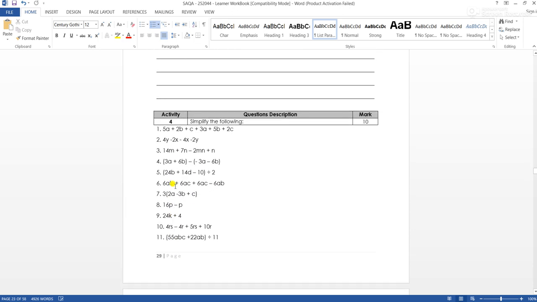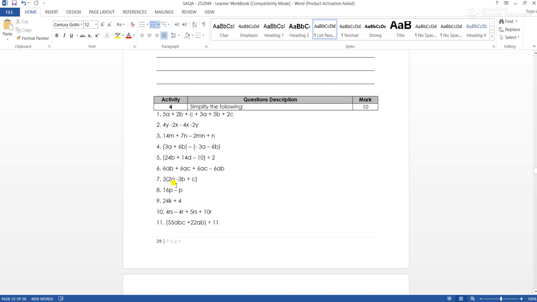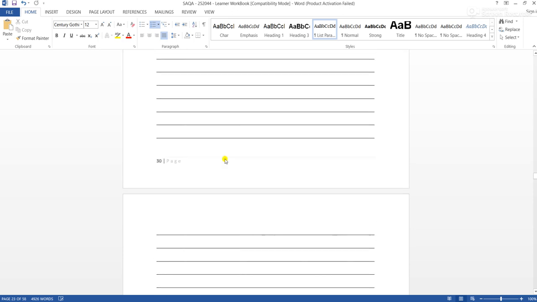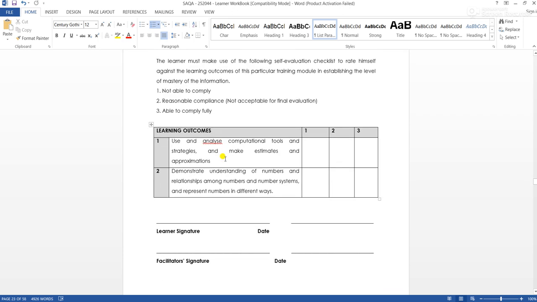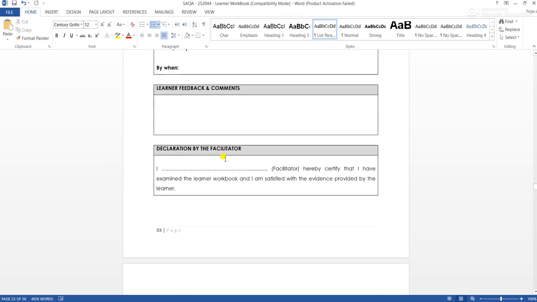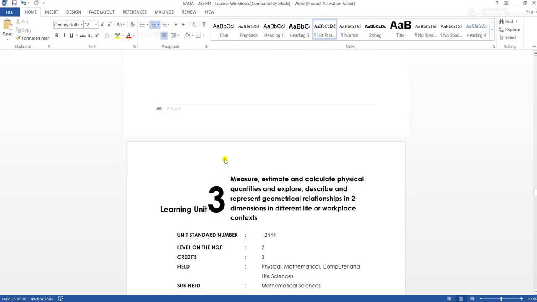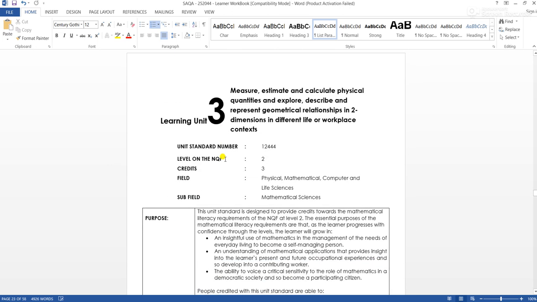Where there are like terms, you add and you can simplify further. Where there are no like terms, you cannot simplify further. So that is it in terms of your bases, and that's it with the second unit standard. We'll continue further with learning units 3, 4 and 5.